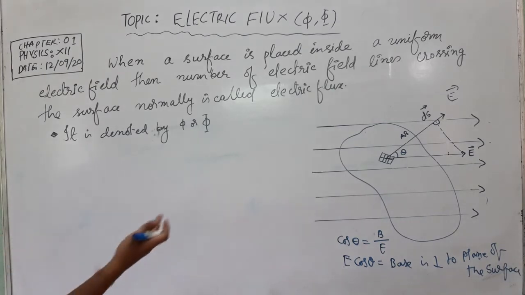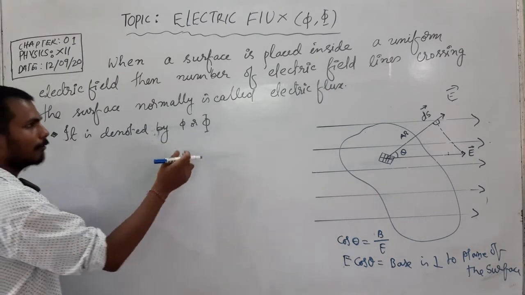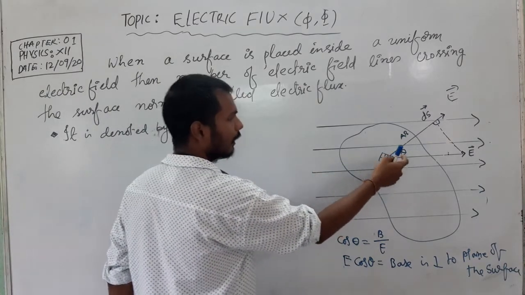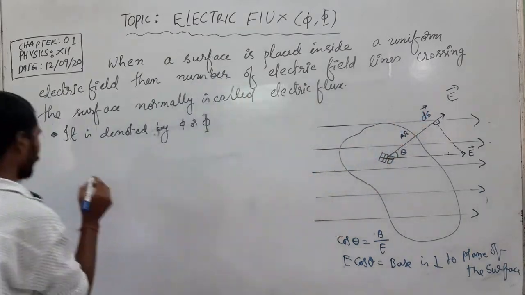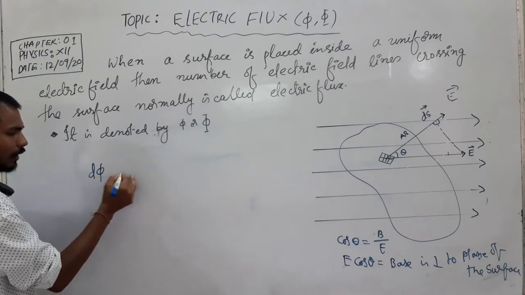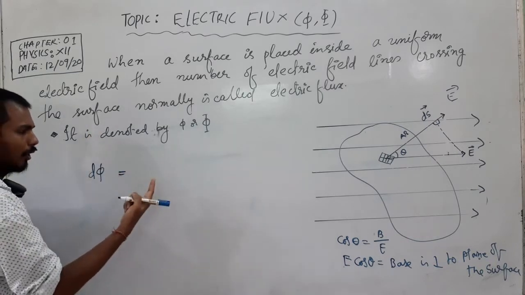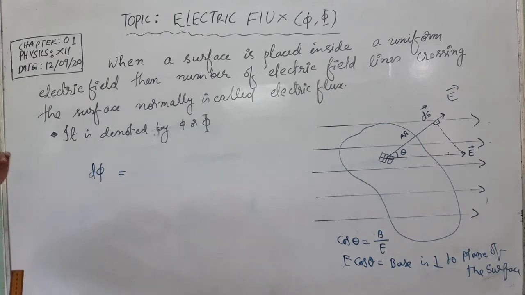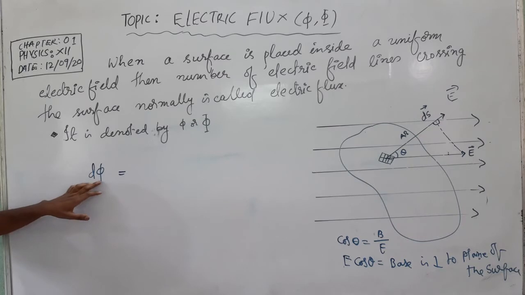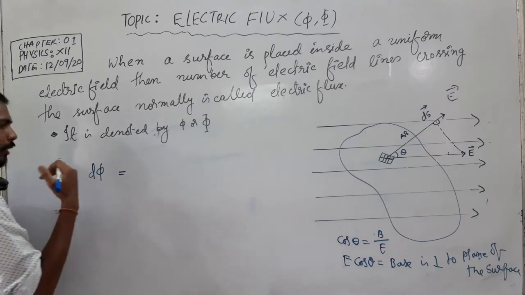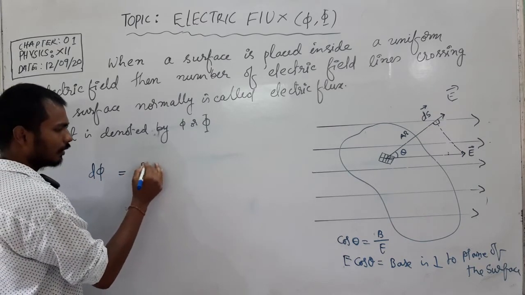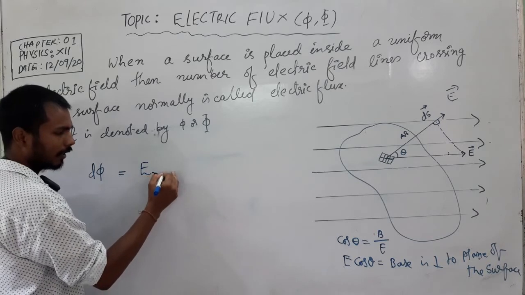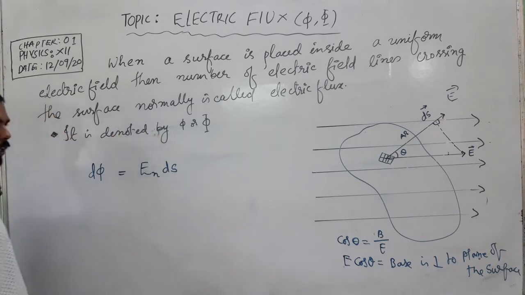Now mathematically, if we are finding flux through a small surface, then we have to use d phi. d phi is equal to, according to the definition and the mathematical formula of flux, E_n ds.